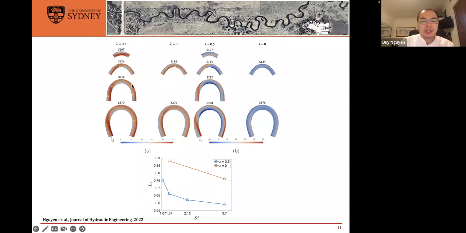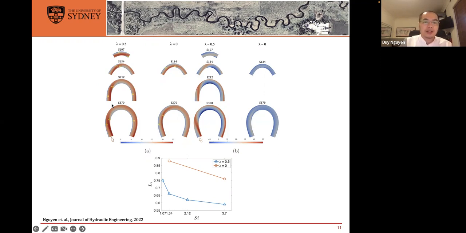The plots here are again the streamwise velocity and the temperature. The first thing I see is a difference in the separated shear layer. Here I have only V1, so only one separated shear layer for lower sinuosities.